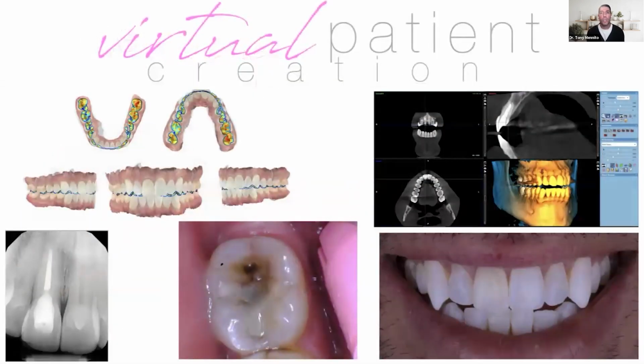And then virtual patient creation is what we do in our practice with every new patient. It's basically capturing all this data, right? We take an intraoral scan, a cone beam, 2D radiology, intraoral photos, and extraoral photos. The idea is, one, it gives us all the information we could possibly need to adequately treatment plan the patient for all sorts of different things.